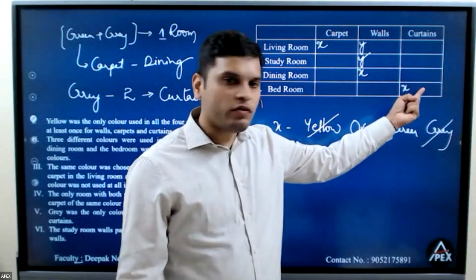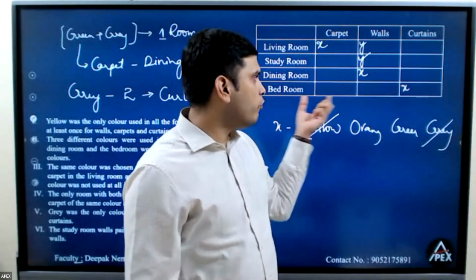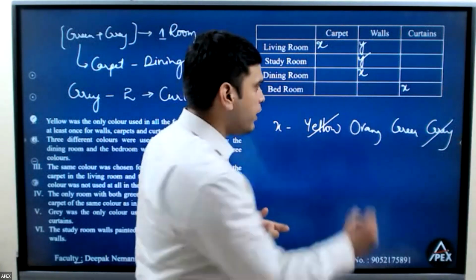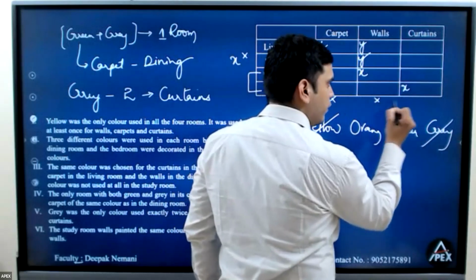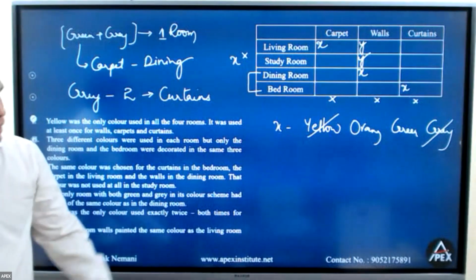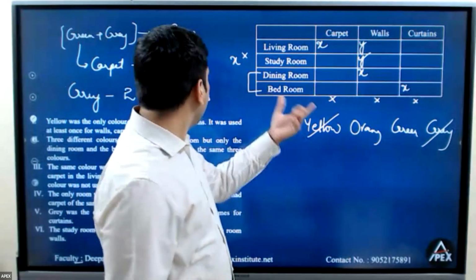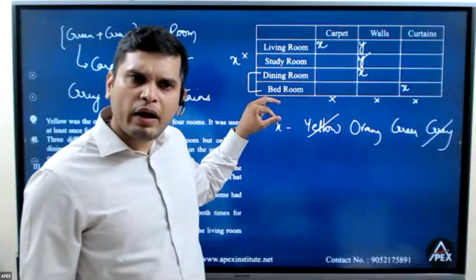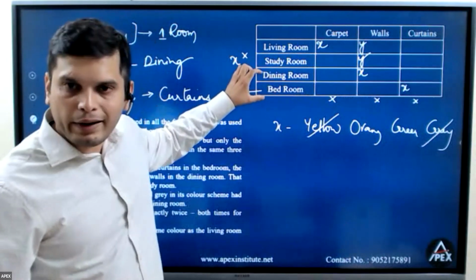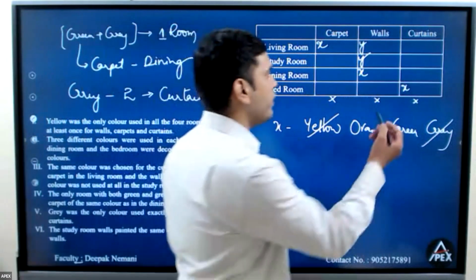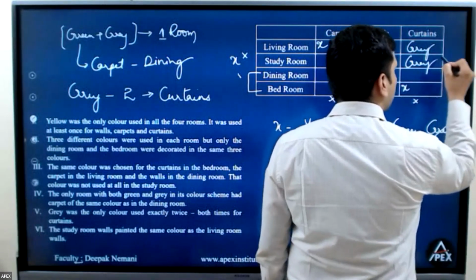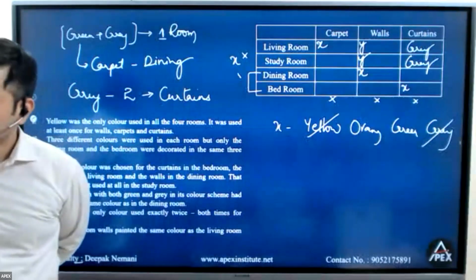If the curtains of the bedroom were not painted with gray, you do not have gray here, here or here. Clear? Now if you cannot have gray in the color scheme of the bedroom, you cannot have gray in the dining room as well. So gray should be in the living room and study room, and gray was used for curtains only. Clear?